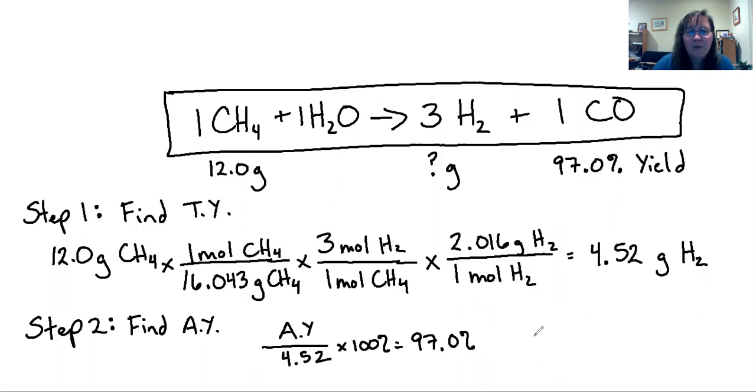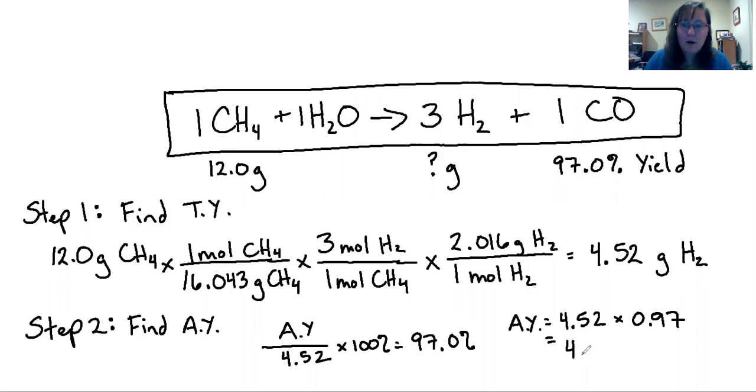Now if I do the math for this, actual yield is equal to 4.52 times 0.97. I can have 3 significant figures, so this rounds to 4.39 grams of hydrogen. And that is my final answer and my actual yield.